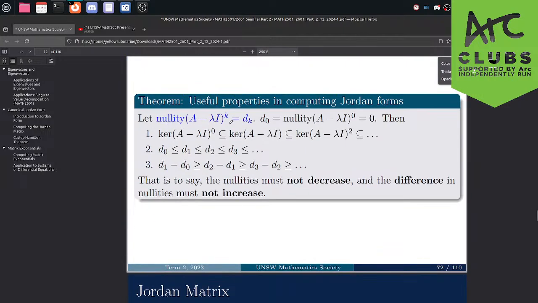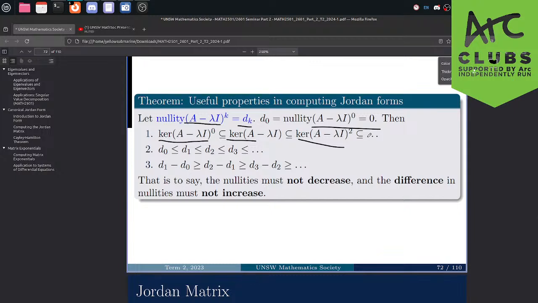So we're going to define some properties which will allow us to restrict the possible Jordan forms. If we set d_k to be equal to the nullity of (A minus lambda I) to the k, and we set d_0 equal to 0, then we notice, like I mentioned before, the previous kernels are going to be subsets of the next.